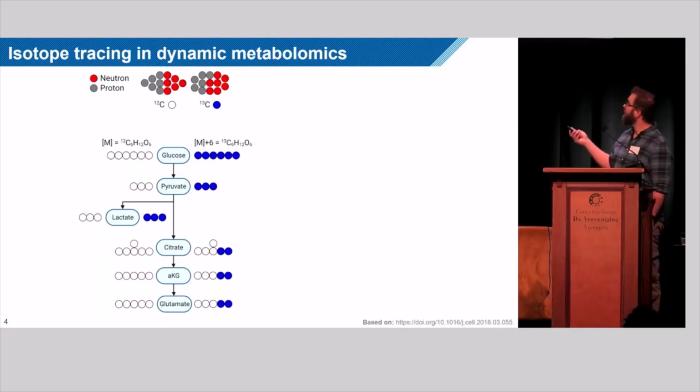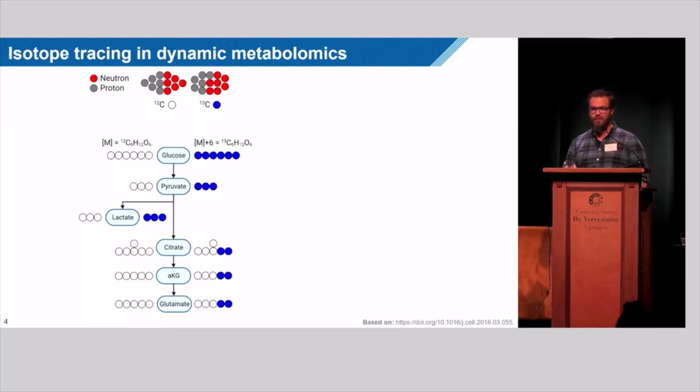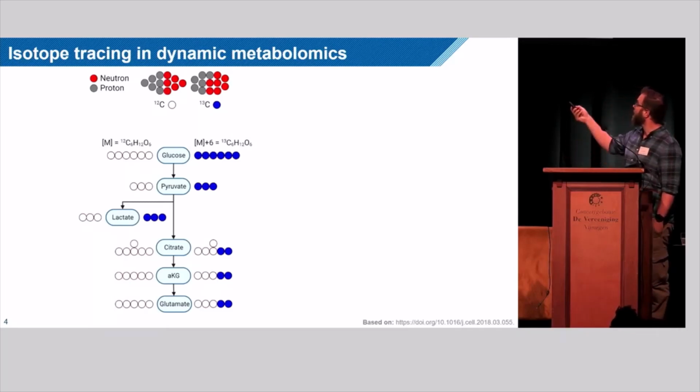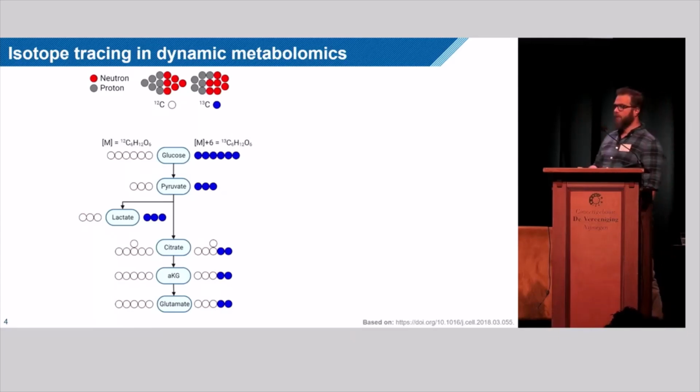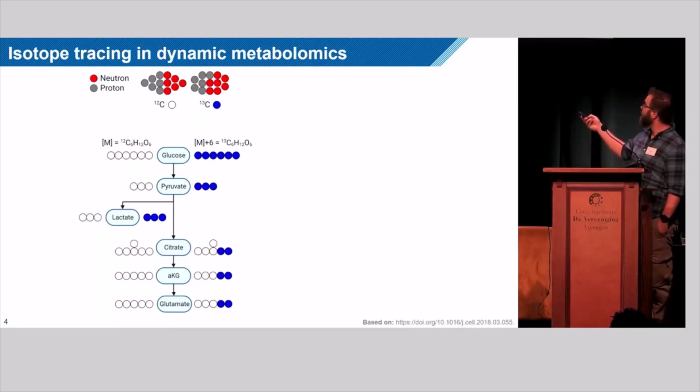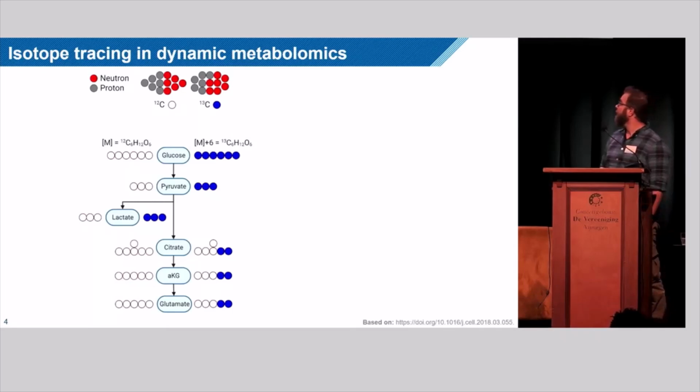What it's based on is the introduction of a labeled nutrient into an active metabolic system, and basically what you look at is the dilution of the isotope labels, in this case 13 carbon, throughout the metabolic pathways into the endogenous compounds that are produced after introducing the flux compounds.